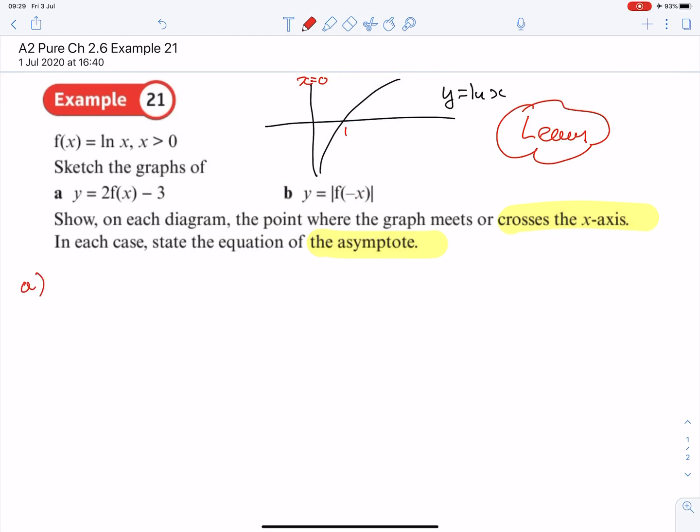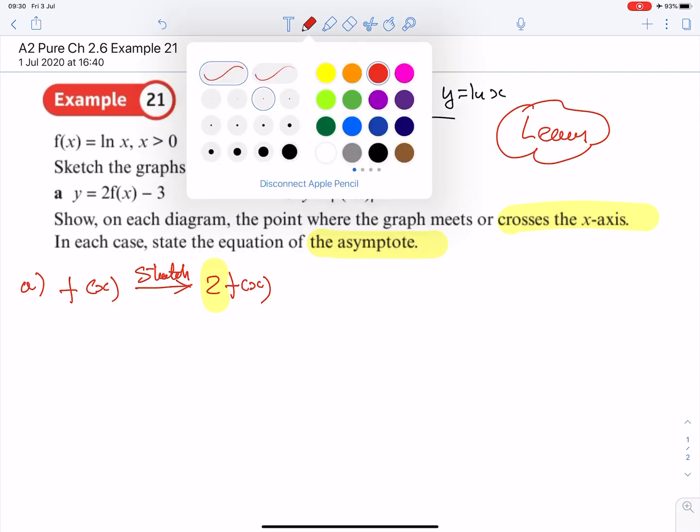Like before, we're going to think what we do. For f of x, the first thing that happens is we'd work out f of x, then we'd multiply it by 2. So multiplying by 2 is going to give us a stretch, because it's multiplying. The change here is outside the f bracket.